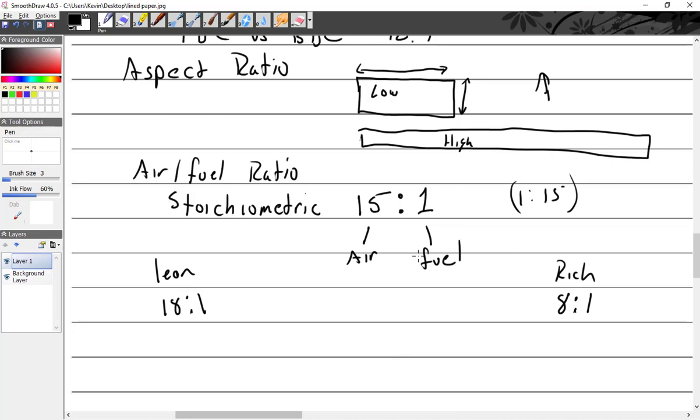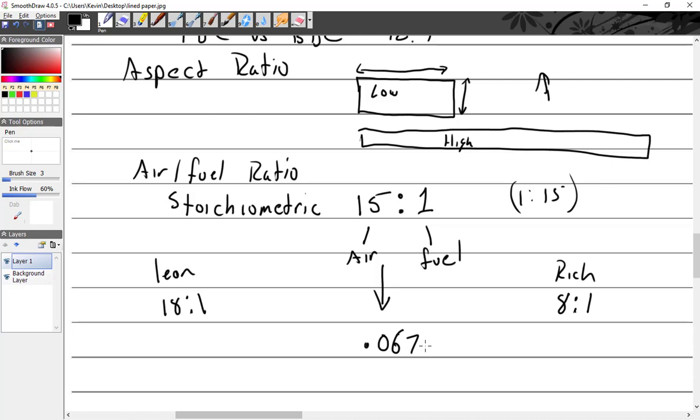A lot of books don't like to talk in 15 to 1 ratios. They're going to give me another number, and instead of 15 to 1, they're going to call it 0.067. Where in the heck did that just come from? Your calculator. How did that calculator spit that out? 1 divided by 15. So you can also express a ratio as a decimal. I guess if you get used to it, it might be okay.